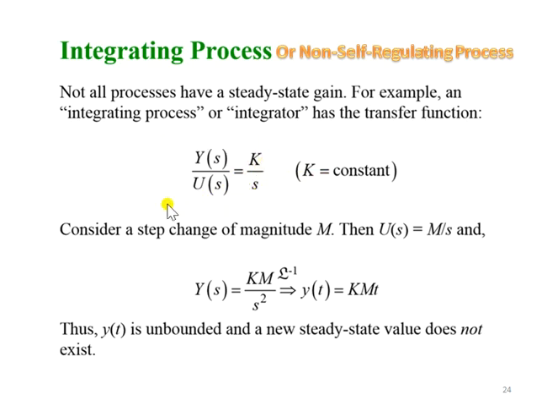So if we consider a step change of magnitude M, then U(s) is equivalent to M over s.